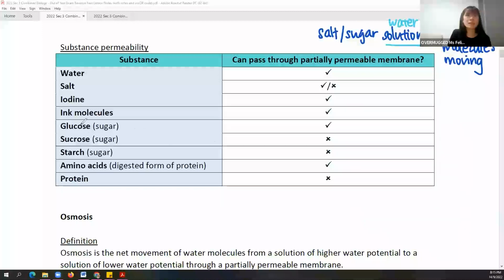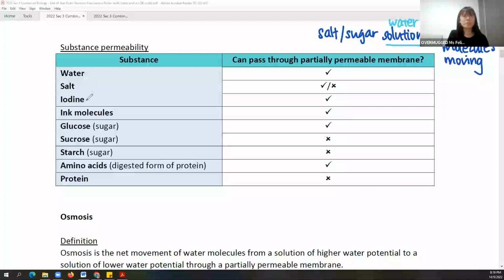For sugar, it depends on the type. If it's a smaller size, like the monosaccharides, glucose, yes, it can pass through. But if it's a disaccharide like sucrose, or a polysaccharide like starch, then it cannot pass through because they are too huge in size. So for salt and sugar, since you're not very sure whether they can pass through, always think of water being the one that passes through instead. Generally, the small size ones can pass through.